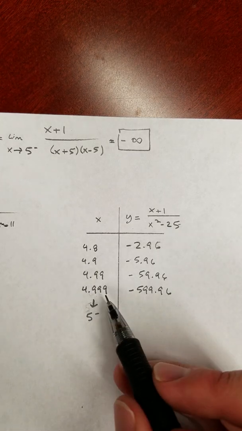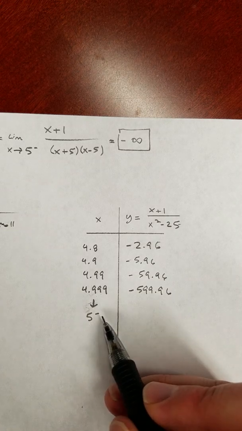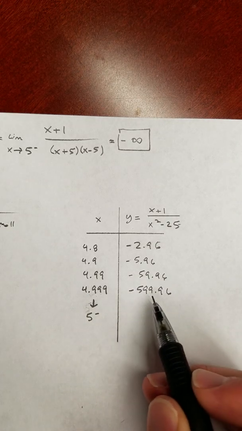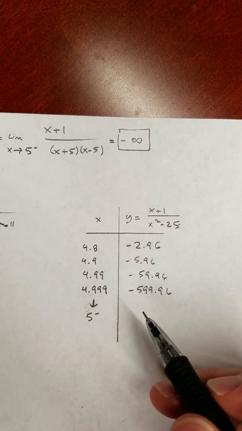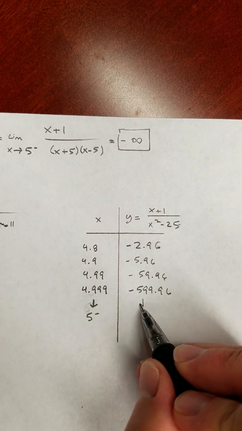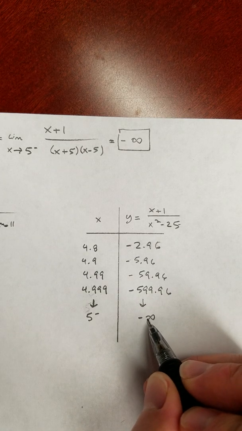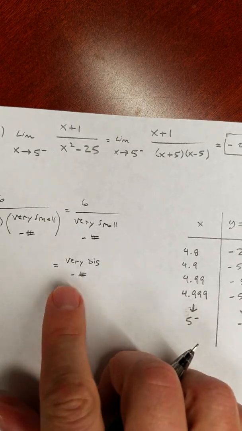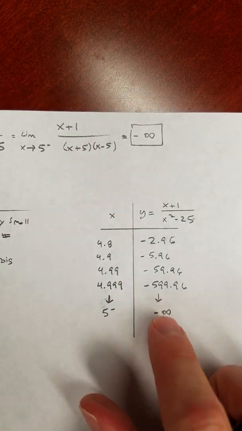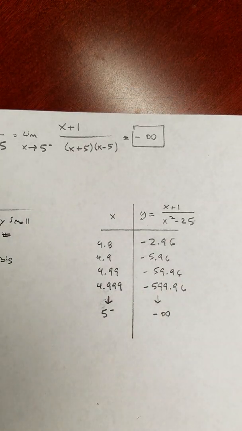Keep going. The closer you push this to 5 from the left, the bigger the negative number you're going to get. So it's going to go to negative infinity, as suggested over here, but seen maybe more tangibly with the table.